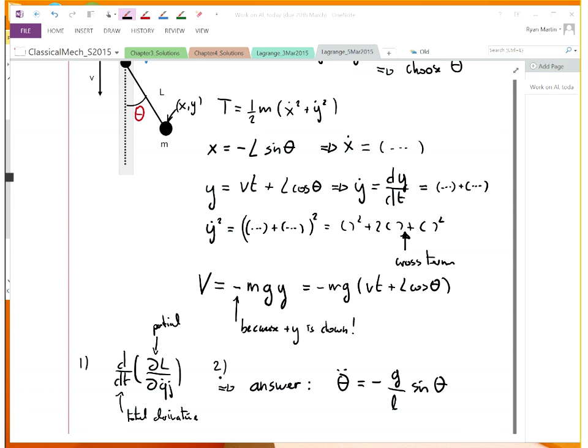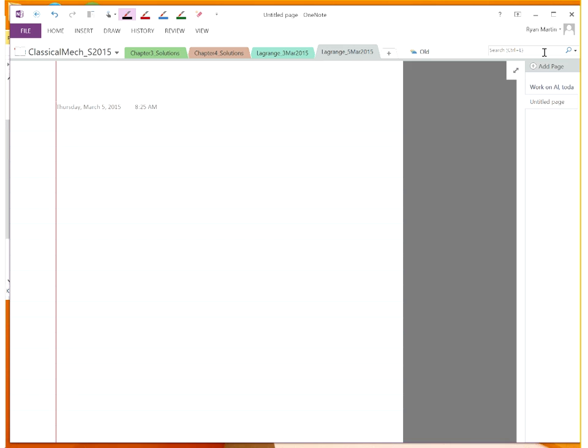Any questions working through this problem 4.3? Let's have a look at the next one, which is 4.5.